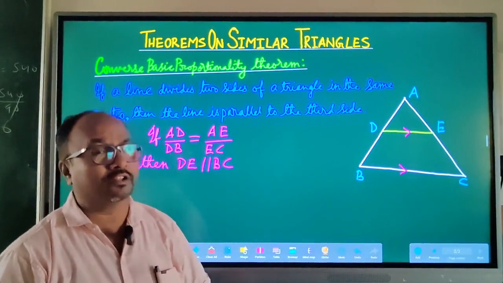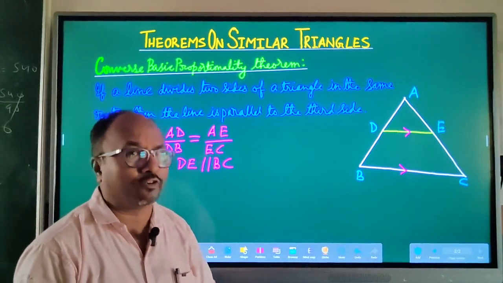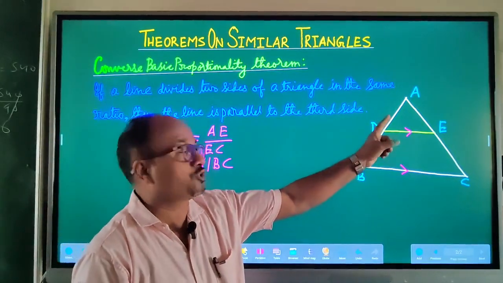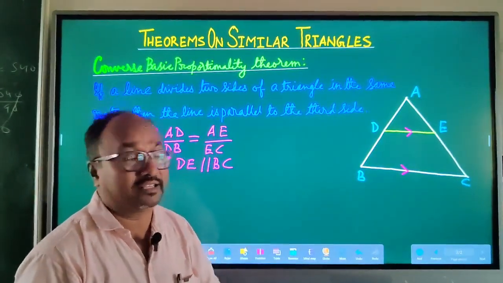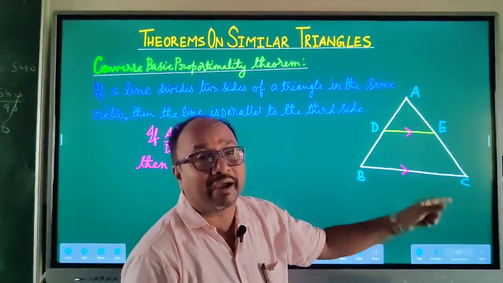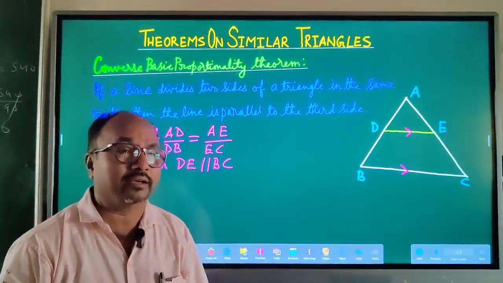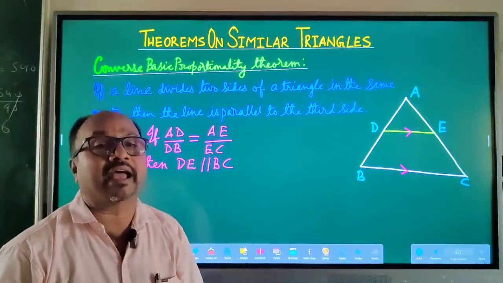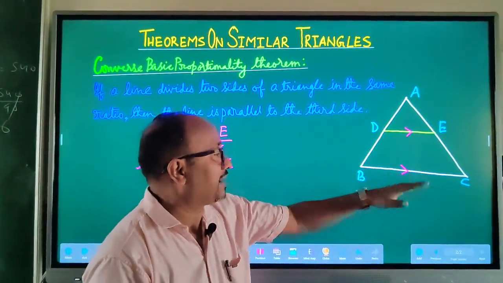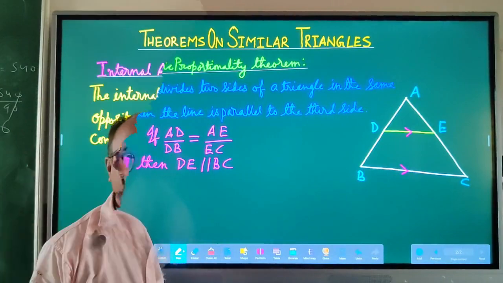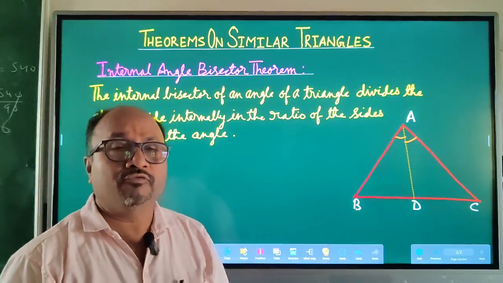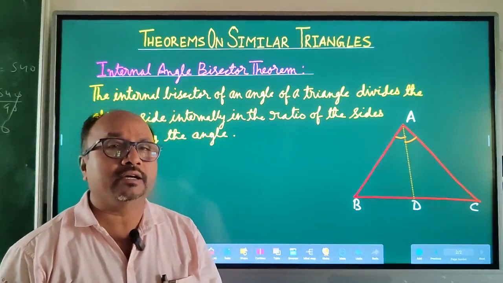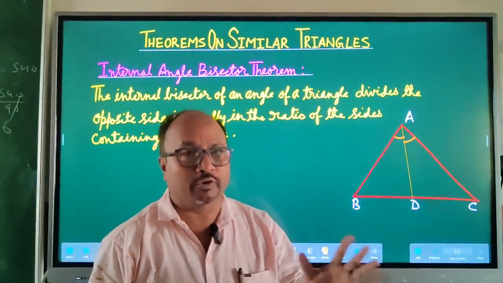It could be the same in those patterns also. Like for example, I find the ratio for AD by AB and I get it the same if I find it for AE by AC. Then in that triangle you will get DE parallel to BC. Okay. Let us now see the third theorem, which is called the internal angle bisector theorem.